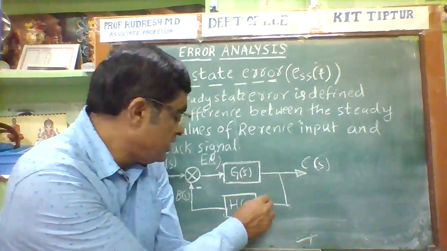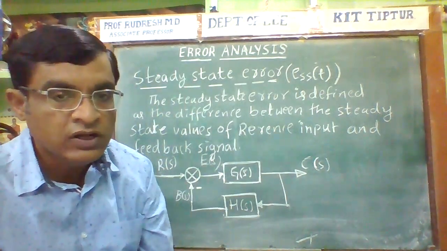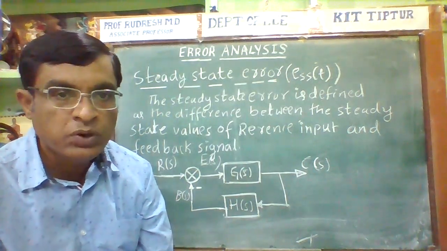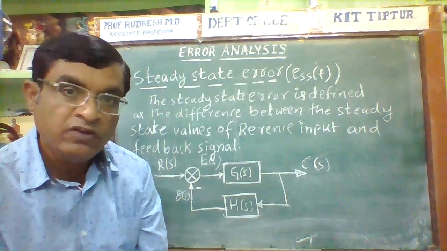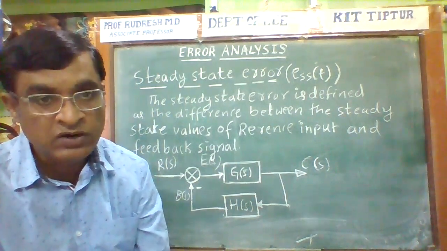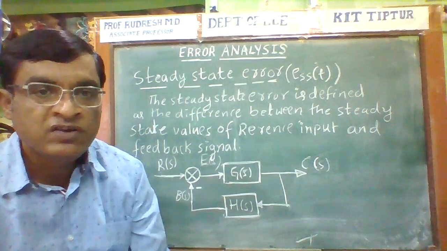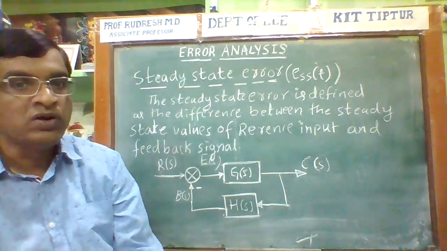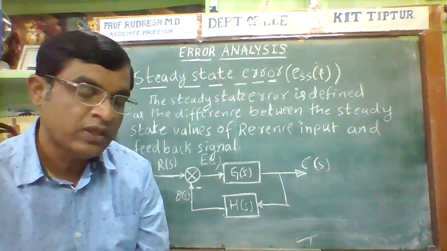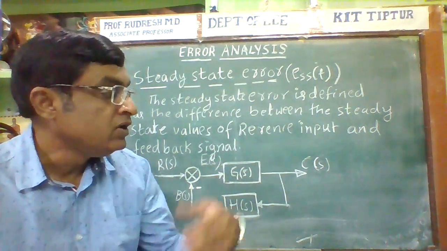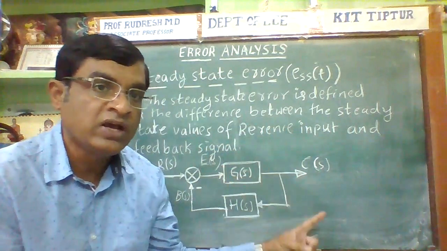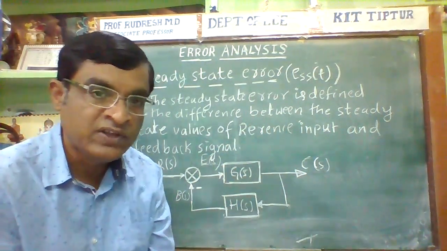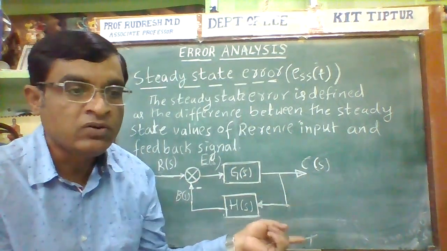The difference between the desired output and the actual output is called the steady state error. In other words, the steady state error is the difference between the steady state values of the reference input and the feedback signal. Both are the same.